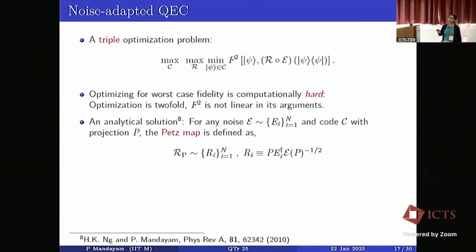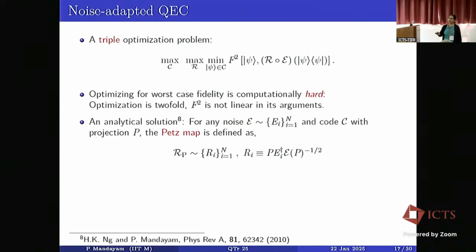This is a computationally hard problem, but a while ago we came up with an interesting analytical solution, which says that you can define one such CPTP map called the PETS map, which has its Kraus operators defined like this in terms of the Kraus operators of the noise itself.